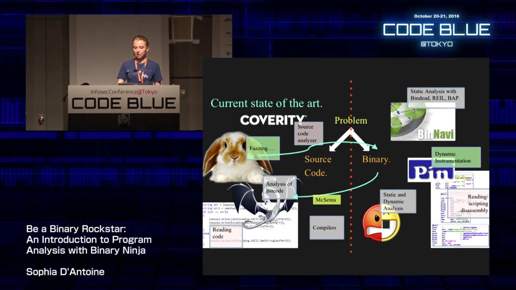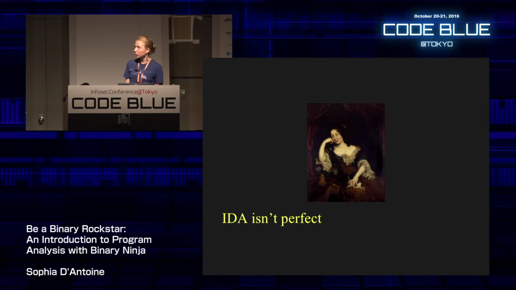However, this is not perfect, and IDA isn't perfect. And the reason for that is that IDA can only show you what the computer executes. So it's showing you the compiled binary, and that may have a loss of information. Additionally, you can't use the output that IDA shows you to do more advanced research level program analysis techniques on it.